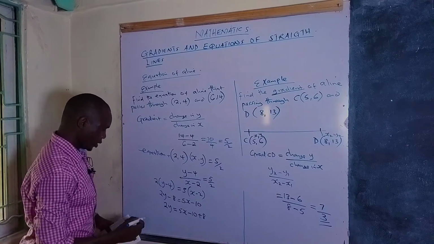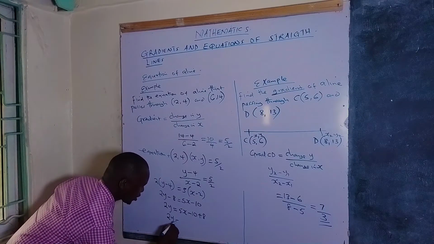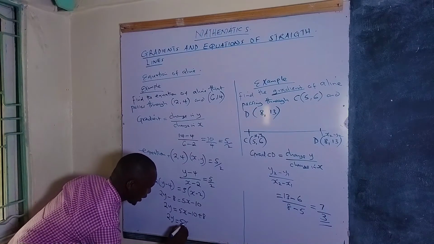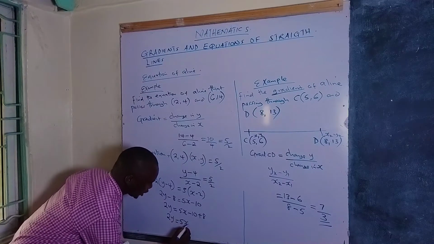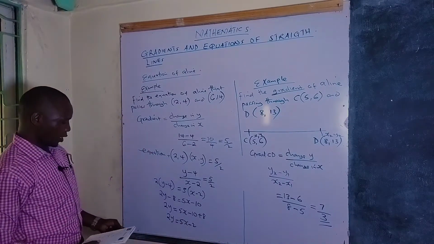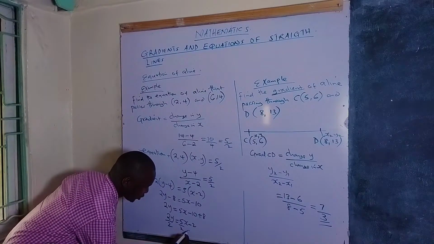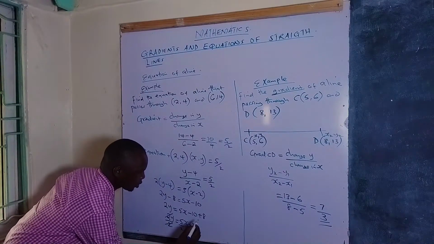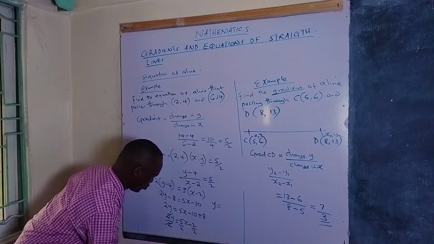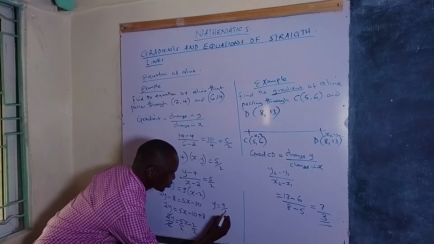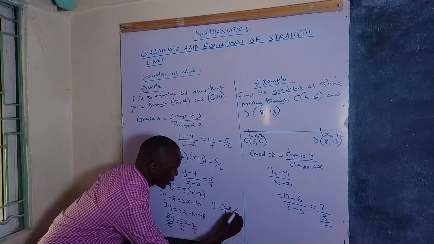And this one is going to give us 2y is equal to 5x minus 10 plus 8, you get minus 2. And for us to remain with y, we are going to divide by 2 on both sides. This one and this one go, and our y is going to be equal to 5 out of 2 x minus 1.